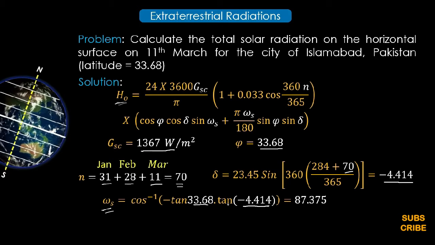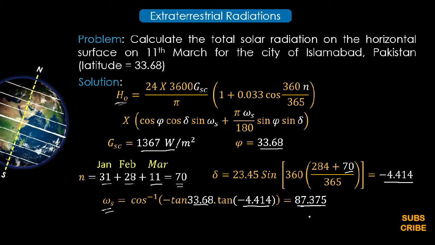After computing, we have the value of omega s, the sunshine hour angle, 87.375.